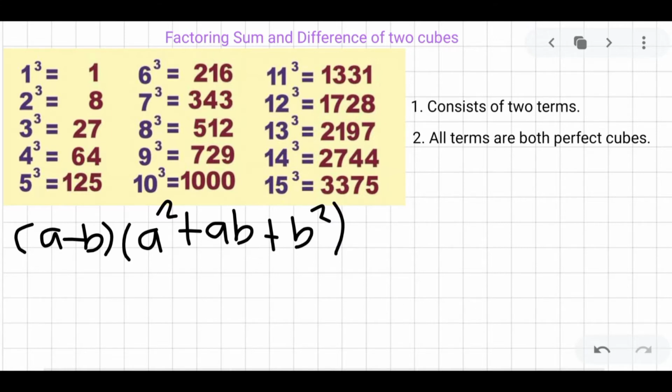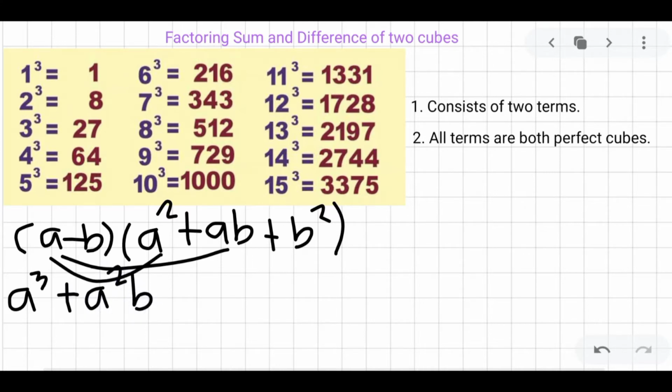Okay, so let's find the equation of these two factors. So, paano natin makukuha? All we have to do is to multiply these two factors and then we get the equation. Okay, so a times a squared, the answer is a cubed. A times positive ab, the answer is positive a squared b. A times positive b squared, the answer is positive ab squared.